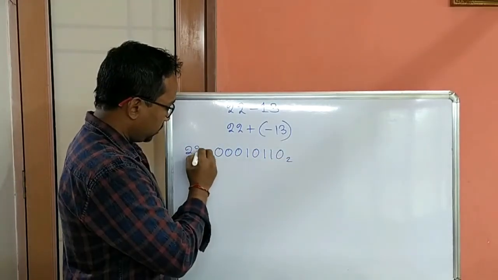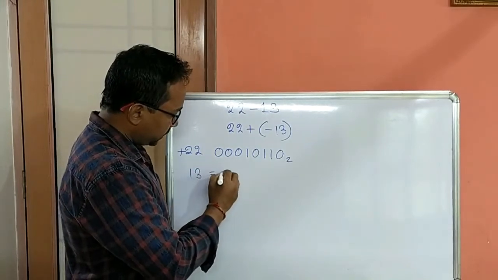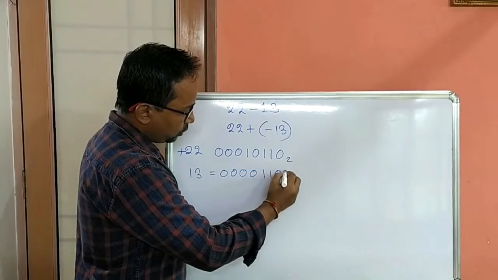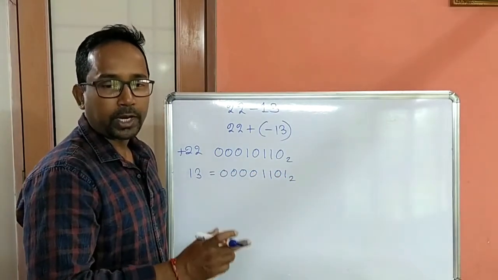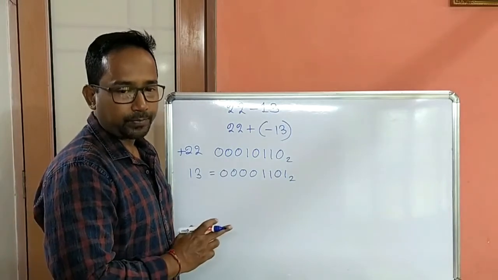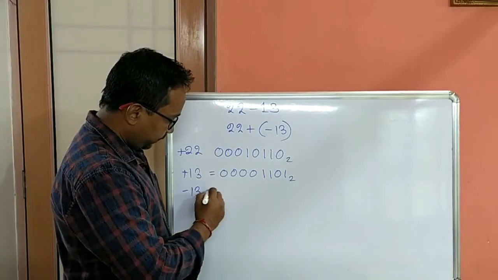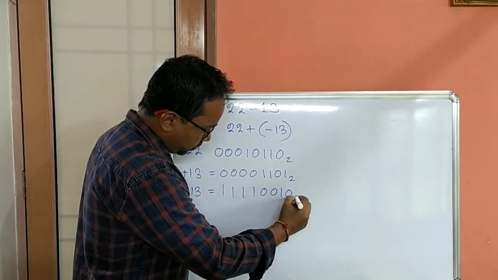So this is positive 22. Now 13's binary equivalent is 00001101 base 2. But we have to find the ones complement of 13 to get minus 13, which will be used in the sum. So the ones complement of this positive 13 is 11110010 base 2.